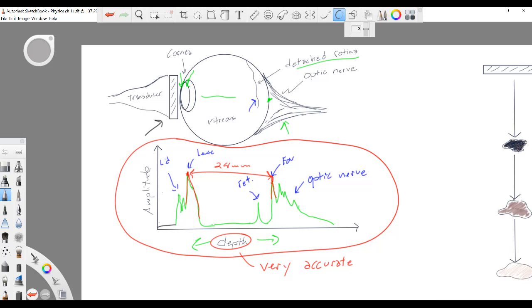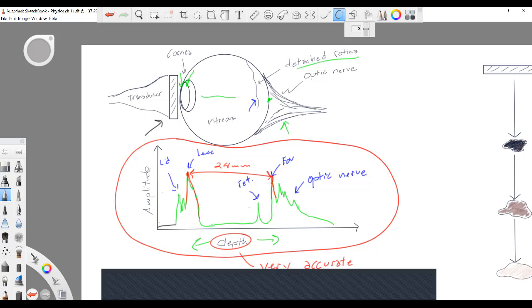Amplitude mode. Strong echoes create tall spikes. Weak reflections create short. So the retina, just flapping in the wind, would be relatively weak, and of course that is relatively strong.